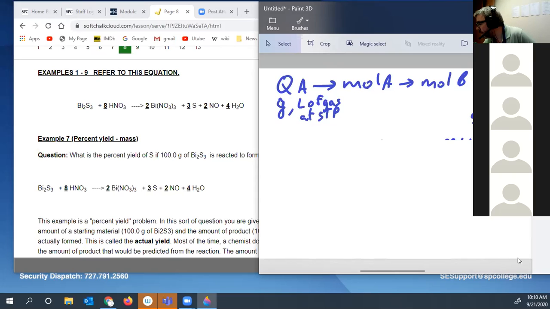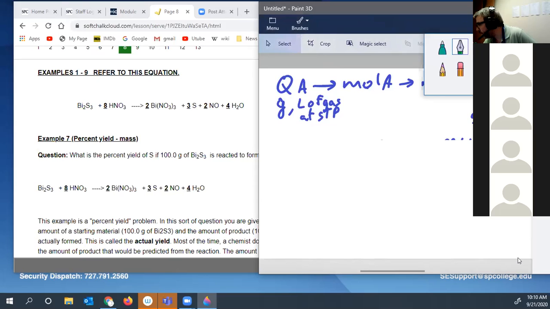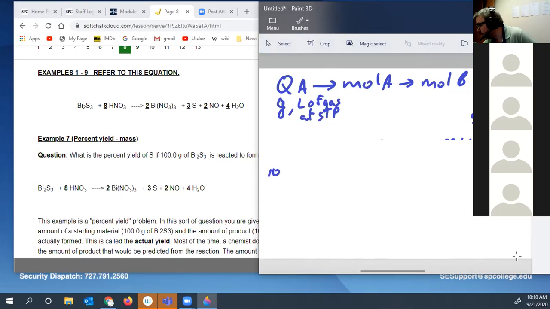Okay, good. So we're starting out with 100.0 grams of Bi2S3. And then we know we need 4 steps here to get to, well, what are we looking for?